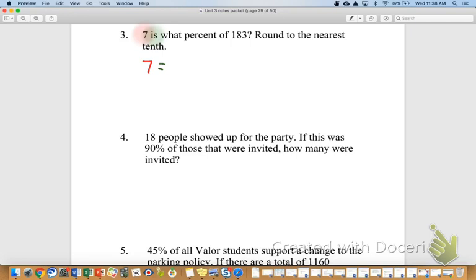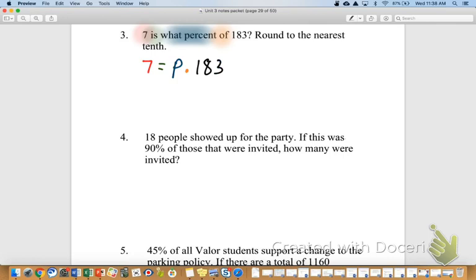When I see the words what percent, I want to remind myself that I'm looking for a percent. So instead of writing X or N, I'm going to write the letter P to remind myself that this thing has to be a percent. So P, and then I've got that other word that we always see, of. What does of mean? That's multiplication. And then, of course, it says 183. That one's pretty easy to translate.